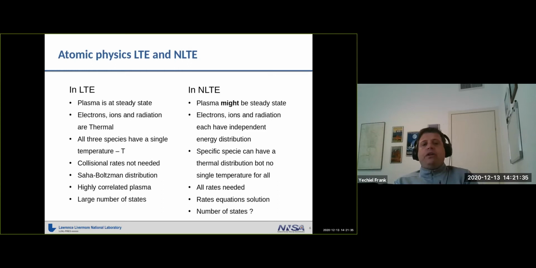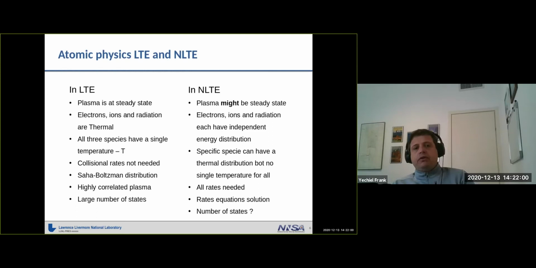In LTE, not only is it thermal, we can assume that all three species have the same temperature, or at least in the case of dense plasma, the radiation temperature doesn't matter much. And in non-LTE, specific species can have a thermal distribution or not.